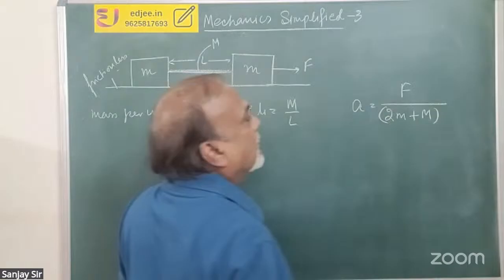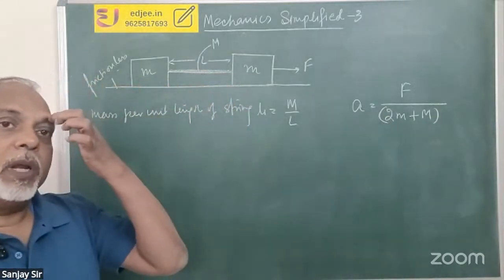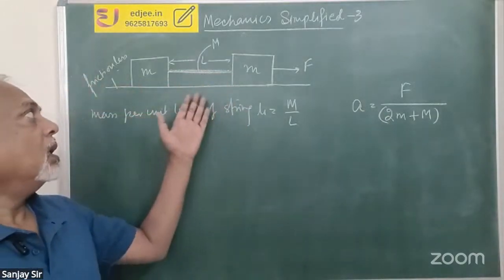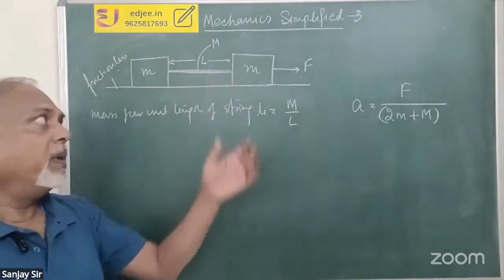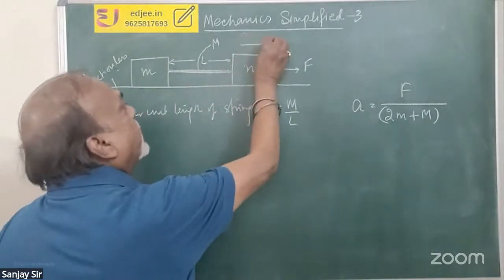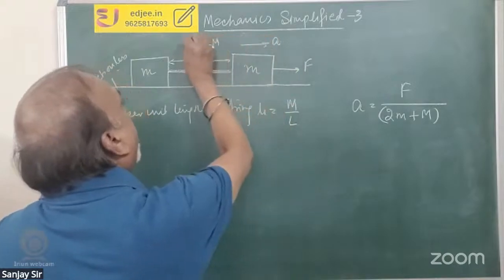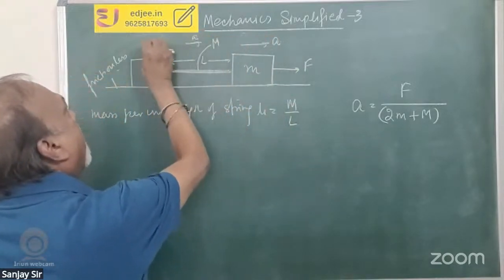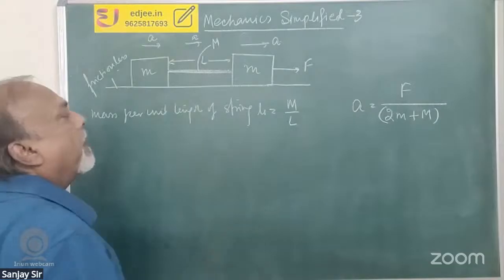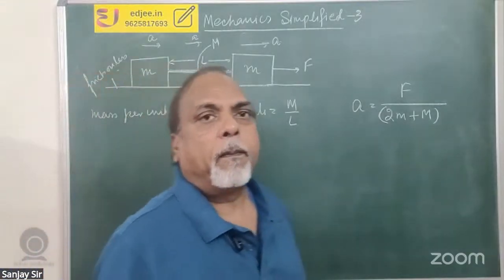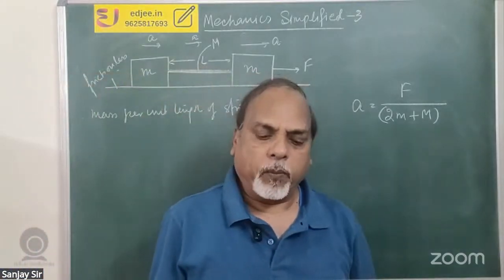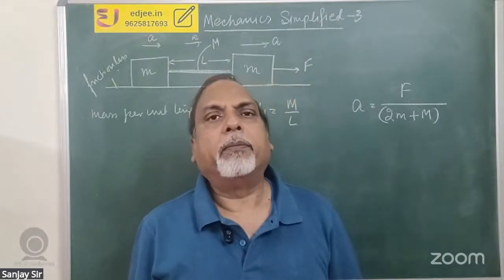Total mass this force is pulling is, so this will be the acceleration with which every mass is moving. Correct?